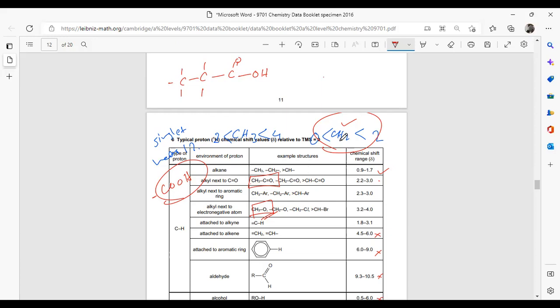Number of peaks equals number of hydrogens plus 1. That means hydrogens should be 1 less than the number of peaks. And if that's the case, then why are we not getting any such values?